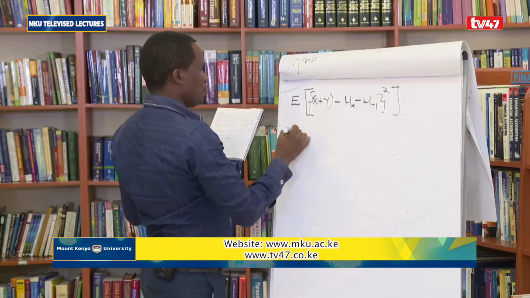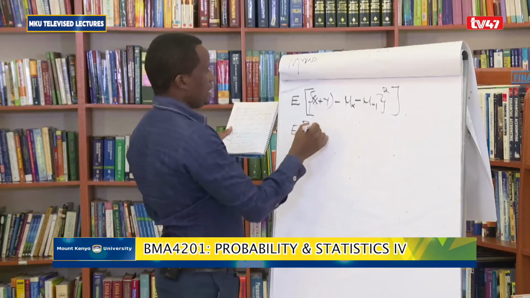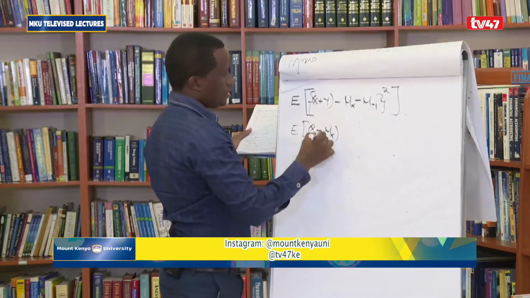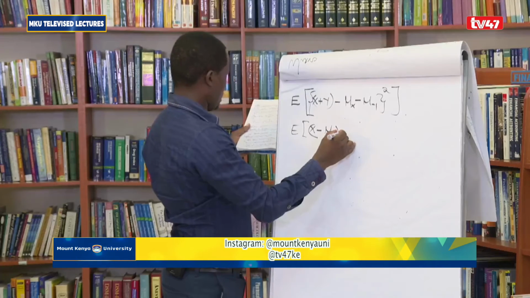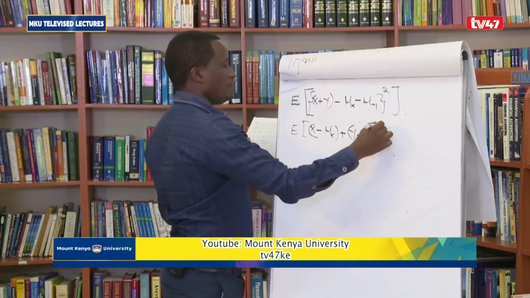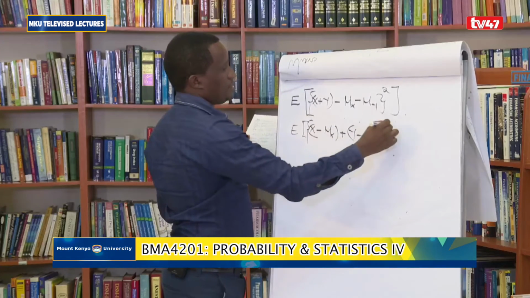So we can regroup them into x minus mu of x, then plus y minus mu of y, then we need to square this.